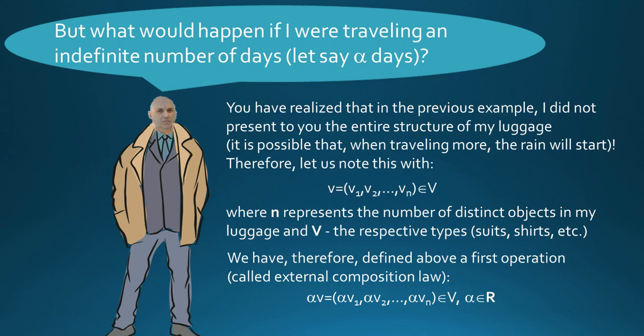Therefore, let us note this with V = (V1, V2, ..., Vn) in ℝⁿ, where n represents the number of distinct objects in my luggage and V the respective types: suits, shirts, etc. We have therefore defined a first operation called external composition law, alpha V = (alpha V1, alpha V2, ..., alpha Vn) in ℝⁿ, where alpha belongs to ℝ.